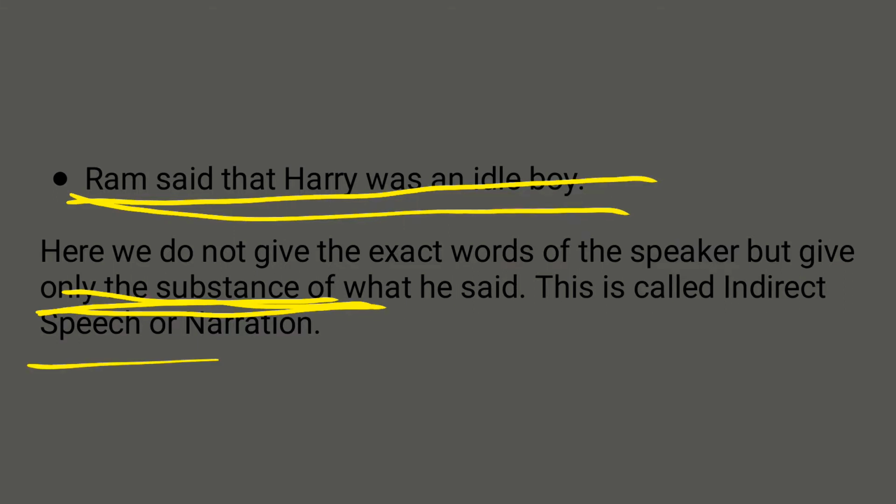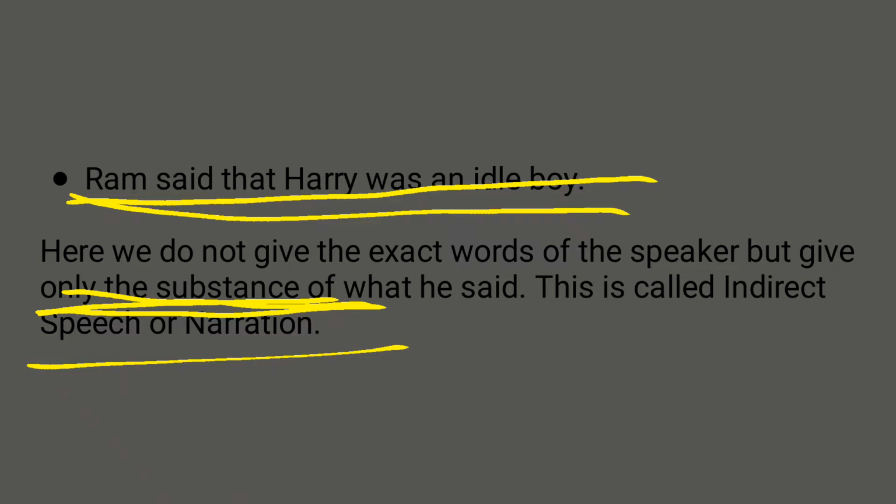This is called indirect speech. That means we have given the substance, the feel or the meaning of the words spoken by the speaker, but not exactly the words. So this type of sentence is called indirect speech. I hope it is very clear.